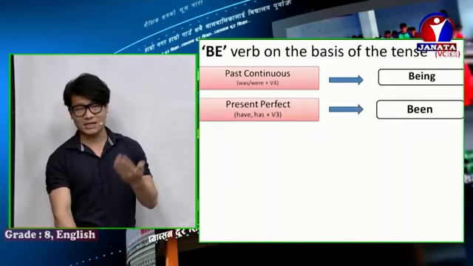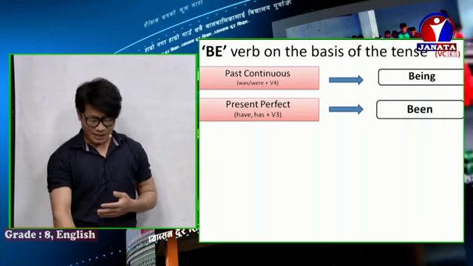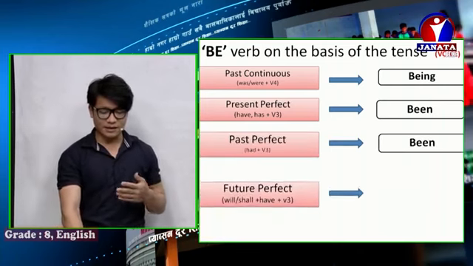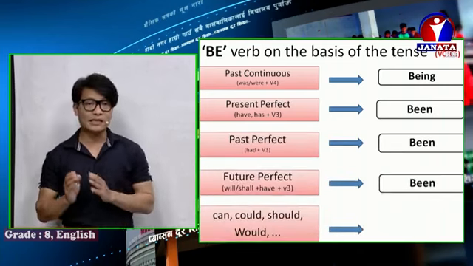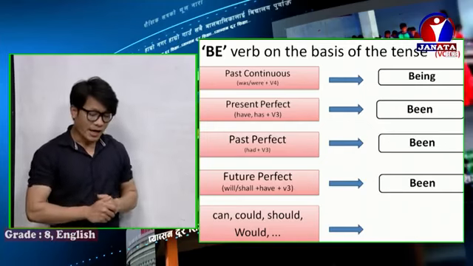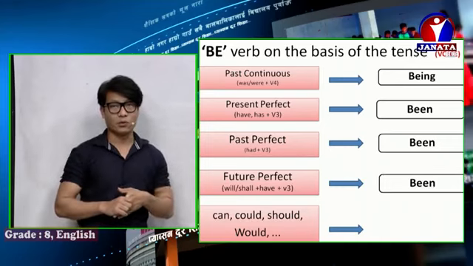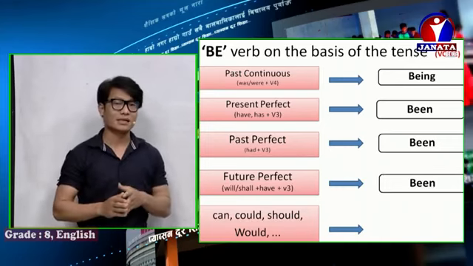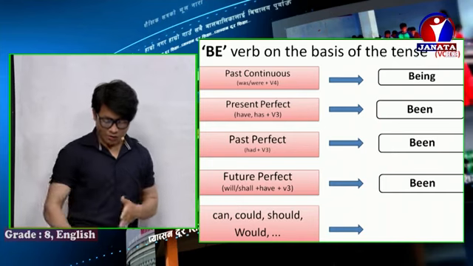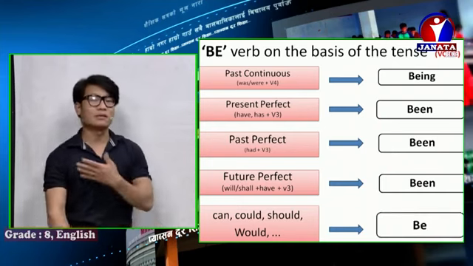Present perfect, past perfect, and future perfect have the same be verb, been. When there is a modal verb in a sentence, be stands by itself as the be verb.